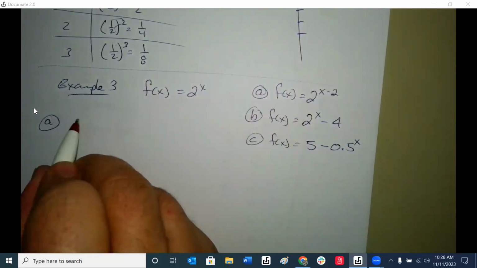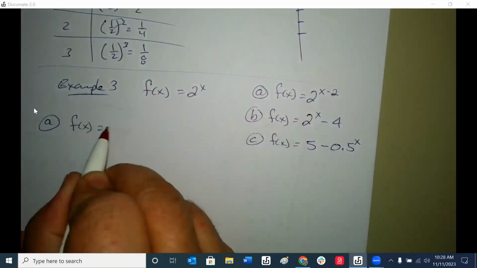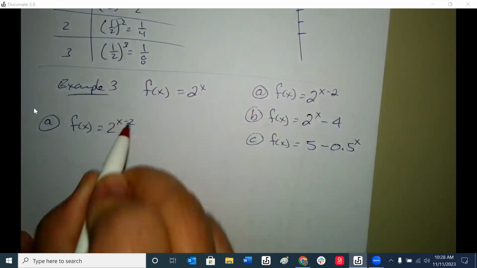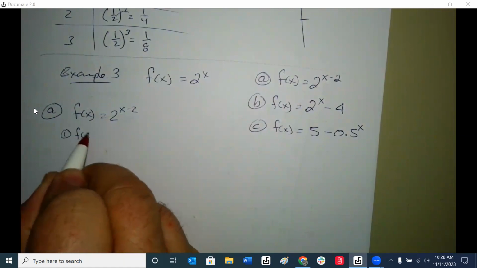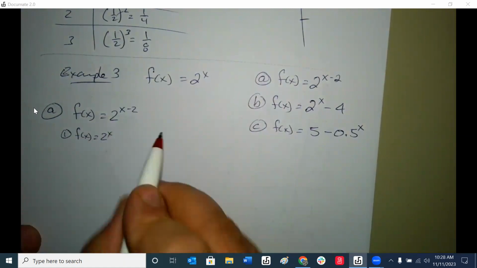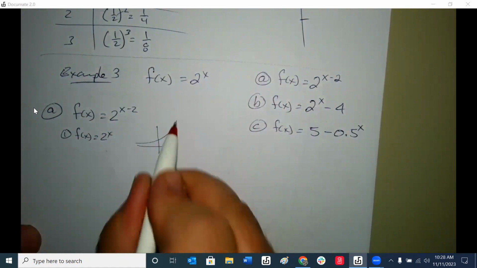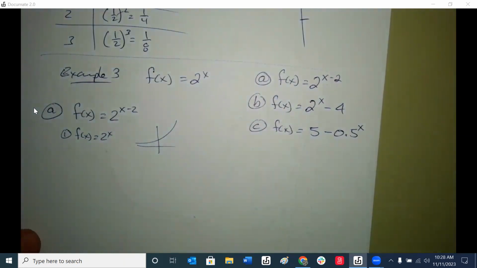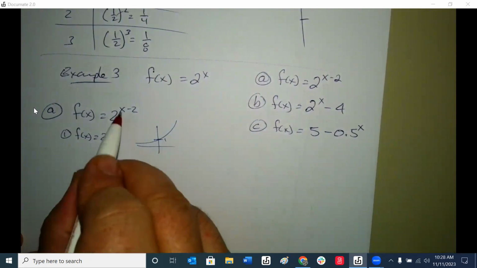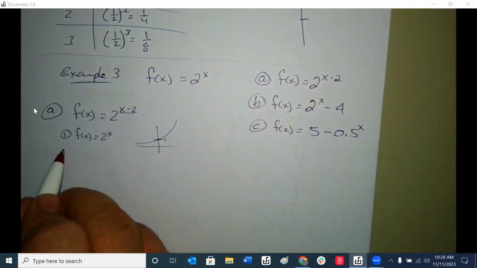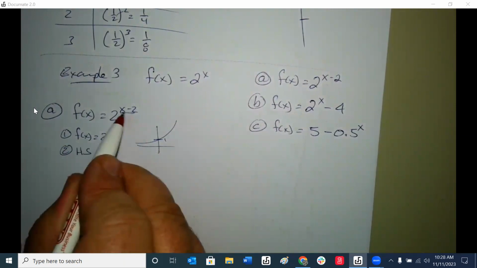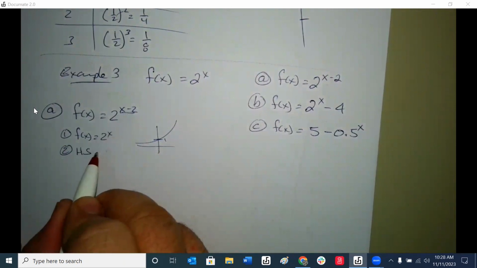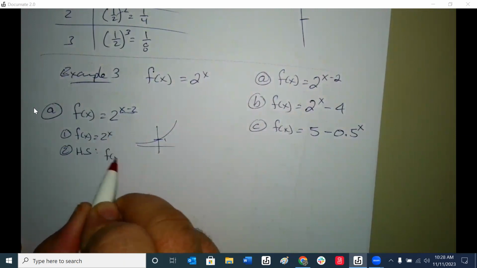So let's look at this first function. First, we know the function is 2 to the power x. That looks like that. It crosses at 1. Now what this says, we have a horizontal shift because it affects the x directly.